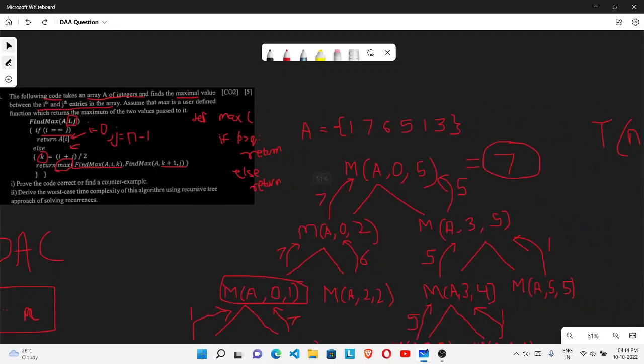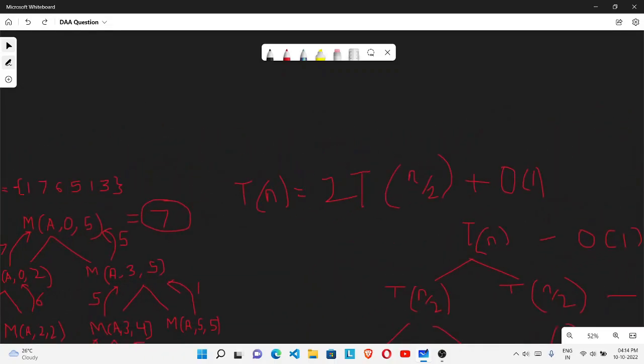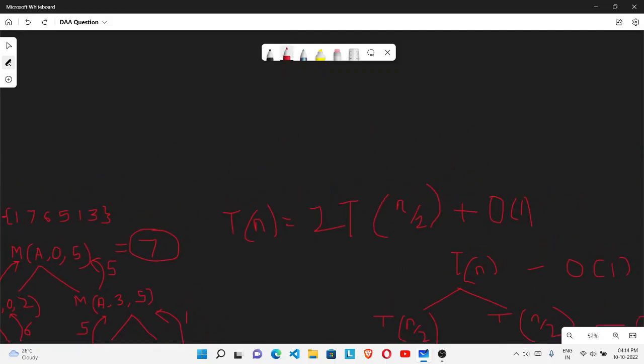We can actually quickly verify it using the master theorem also. So T(n) = 2T(n/2). In the master theorem, according to this, a is equal to 2, b is equal to 2, and n raised to k, so k is equal to 0 and p is equal to 0. And we have a is equal to b raised to k and p greater than minus 1.